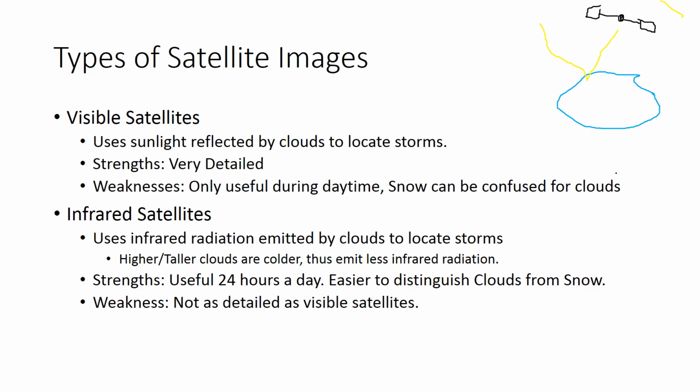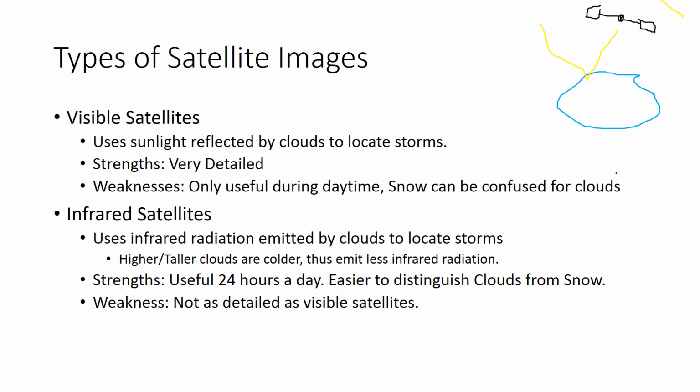And so as meteorologists, we need to be able to discern the difference between snow and a cloud. And so it can get a little dicey there. Now, with that said, there are actually some technologies that make life a little bit easier when we don't have sunlight or when there's a lot of snow and the satellite image is confused.